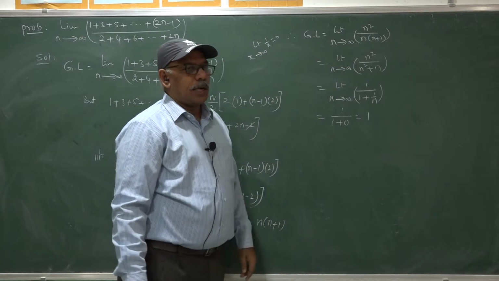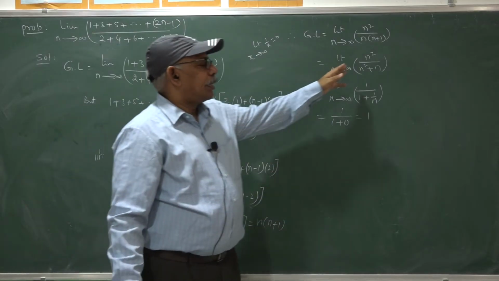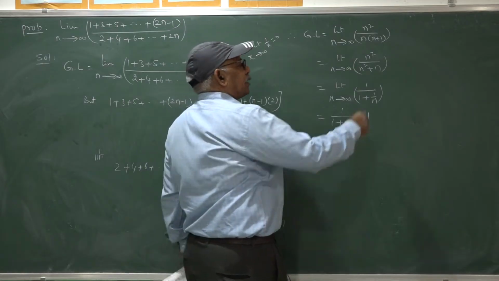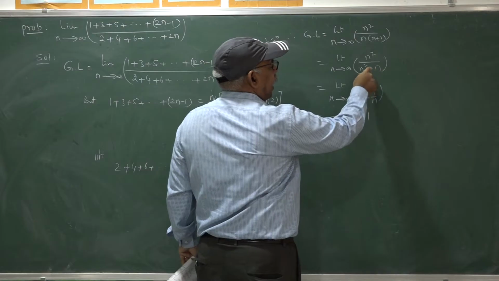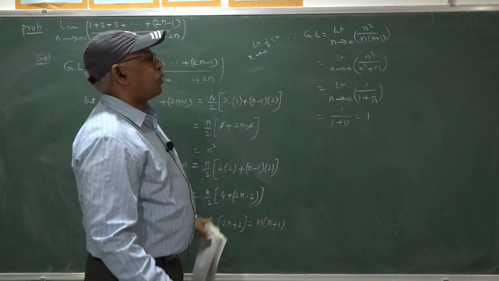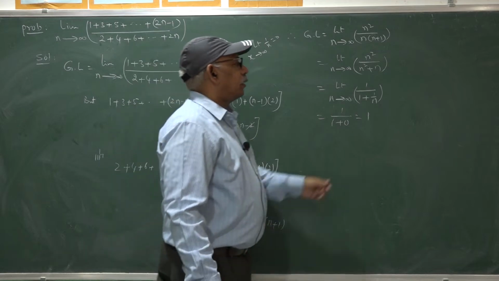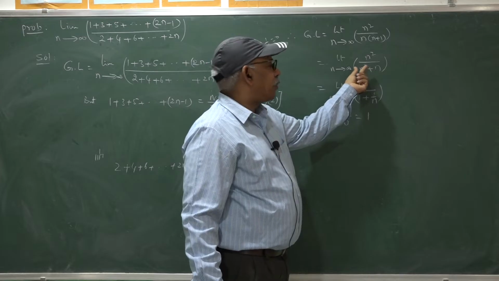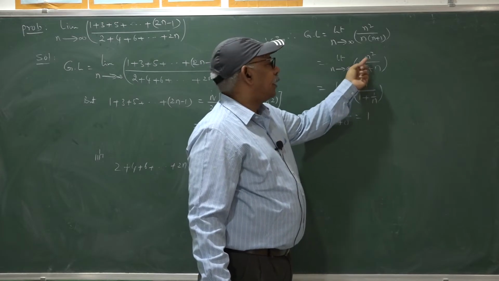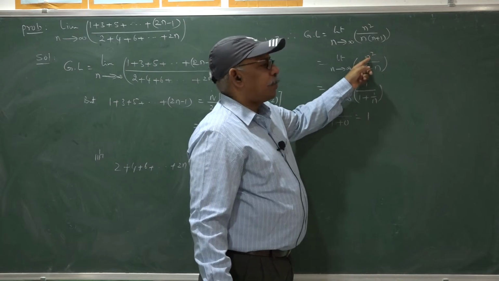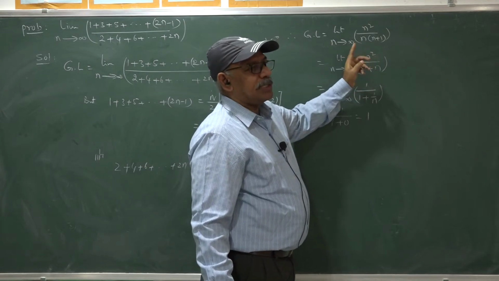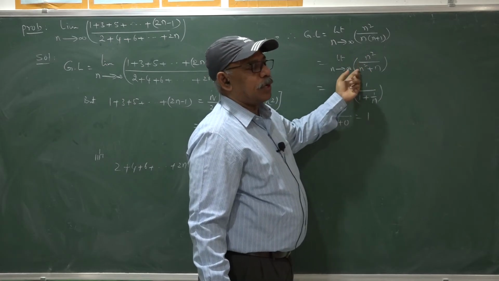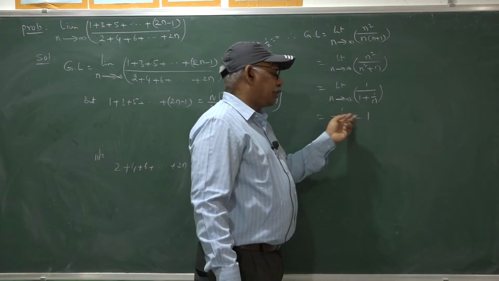In such a case, the rational function as n goes to infinity clearly takes the value a naught by b naught, where a naught is the coefficient of the maximum power of the variable in the numerator, and similarly b naught is the coefficient of the maximum power of the variable in the denominator. Here the variable is n. The maximum power of n in the numerator is n square, and the coefficient is 1. Similarly, the n square coefficient in the denominator is also 1, so 1 by 1 gives us 1.